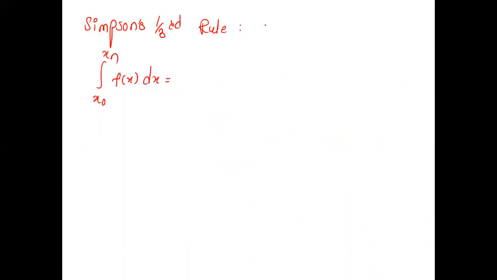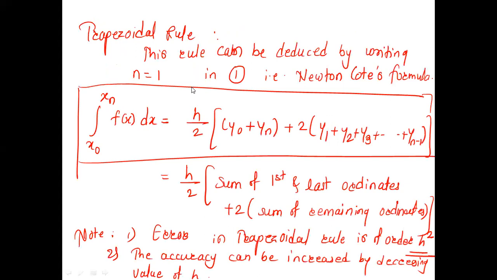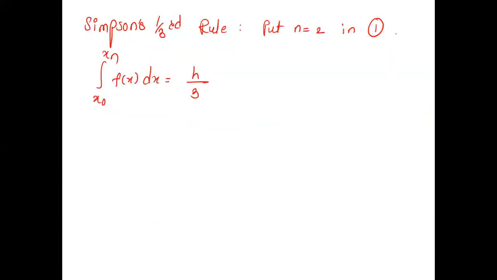This can be obtained by putting n is equal to 2 in the Newton-Cotes formula. If you put n is 2, we'll get this formula. The formula is h by 3. Trapezoidal चा एकदा बघा, it was h by 2. आणि Simpson's 1/3 चा बघा h by 3.